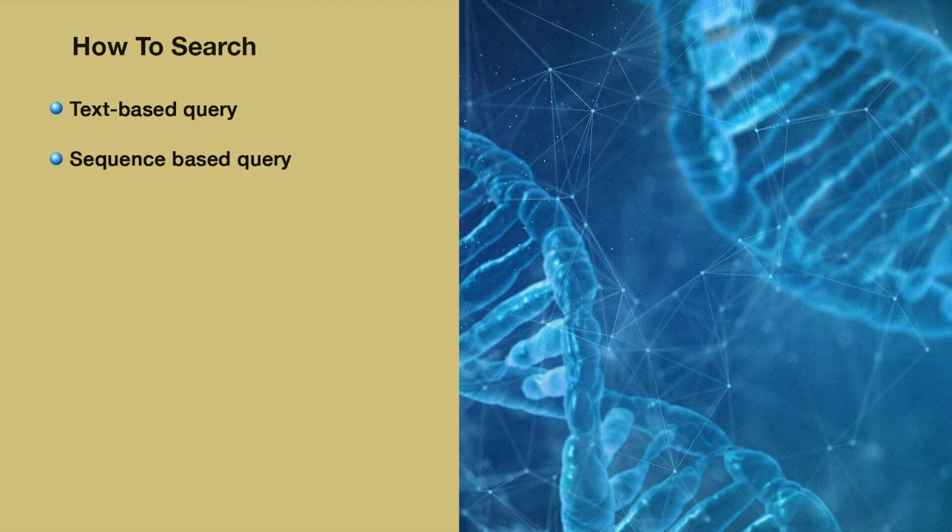The next method is a sequence-based query. In this option, a protein sequence can be provided in the sequence search option. And the last one is searching by using the PDB ID. One can search for a structure in PDB by using the 4-letter code or keywords related to its annotation.